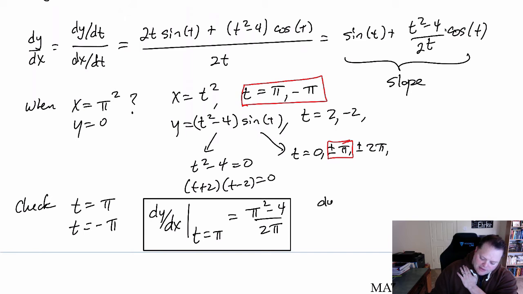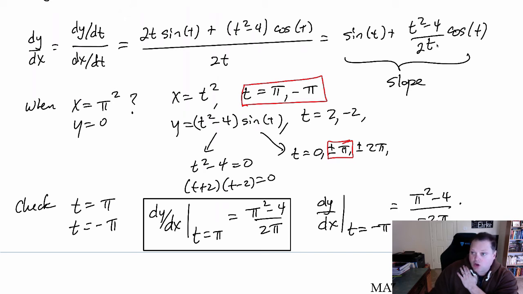And then my second slope is at negative pi. If I plug negative pi in, sine of negative pi is also 0. This is still pi squared minus 4. Cosine of negative pi would be negative 1. So you have pi squared minus 4 over negative 2 pi.